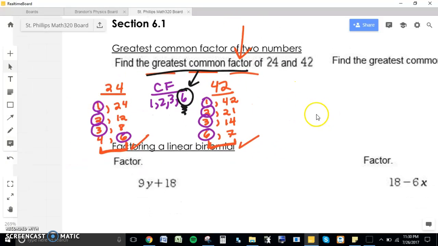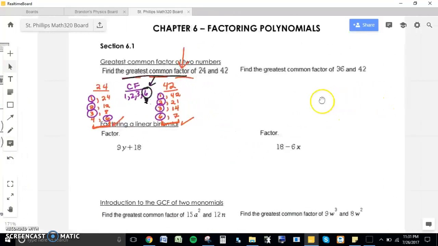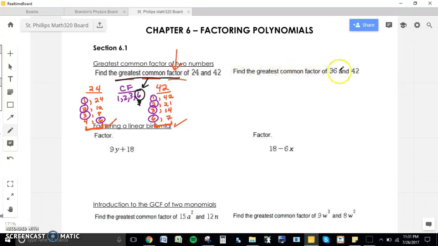And you're going to repeat the same technique over here for 36 and 42, right? So same deal, you would write all your factors. 36, we have 1 in 36, 2 in 18, 3 and 12, 4 and 9, and of course 6 times 6 is 36.